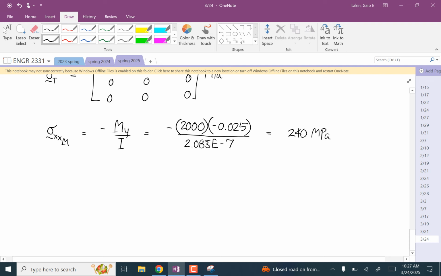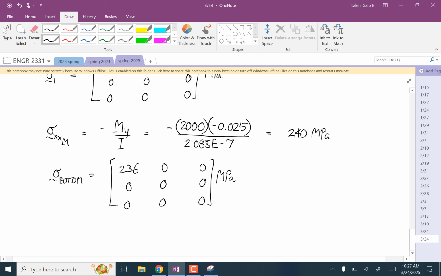And so the total stress tensor at the bottom is positive 236 MPa.